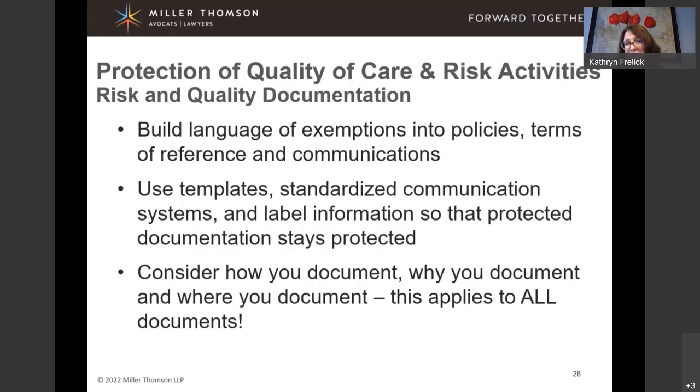So your emails are producible if there is a lawsuit or under a FIPA request. So indicate in the subject line that the information is confidential and the purpose for which you are communicating. Use templates or standardized communication and label information to ensure that protected documentation stays protected.